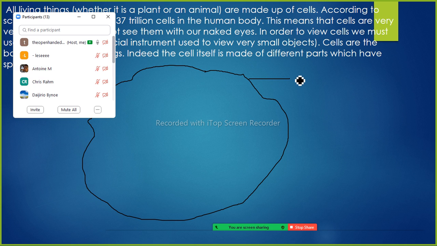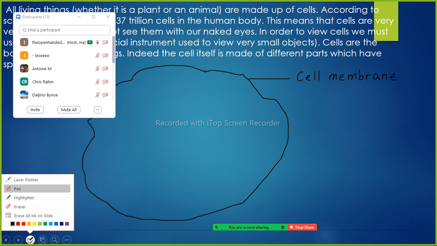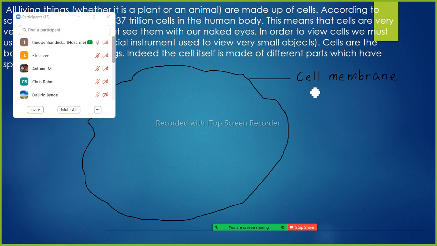The cell membrane. Very good. So, cell membrane. That's the layer that surrounds the cell. The cell membrane acts like a gate, all right? It selects what comes in and out of the cell.